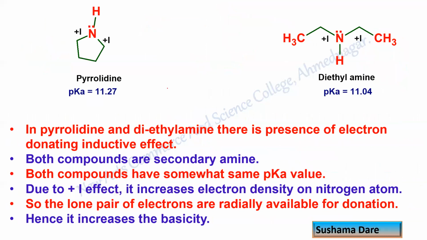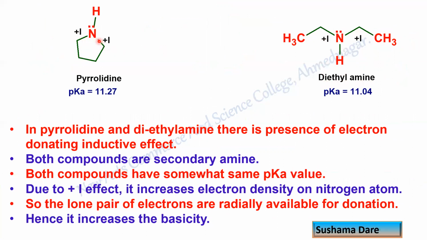Now this is the next example, pyrrolidine. Pyrrolidine is the saturated analog of pyrrole, and this is diethylamine. Both the amines are secondary amines. So the ethyl group, and here the ring bond, donate electron density to the nitrogen atom.